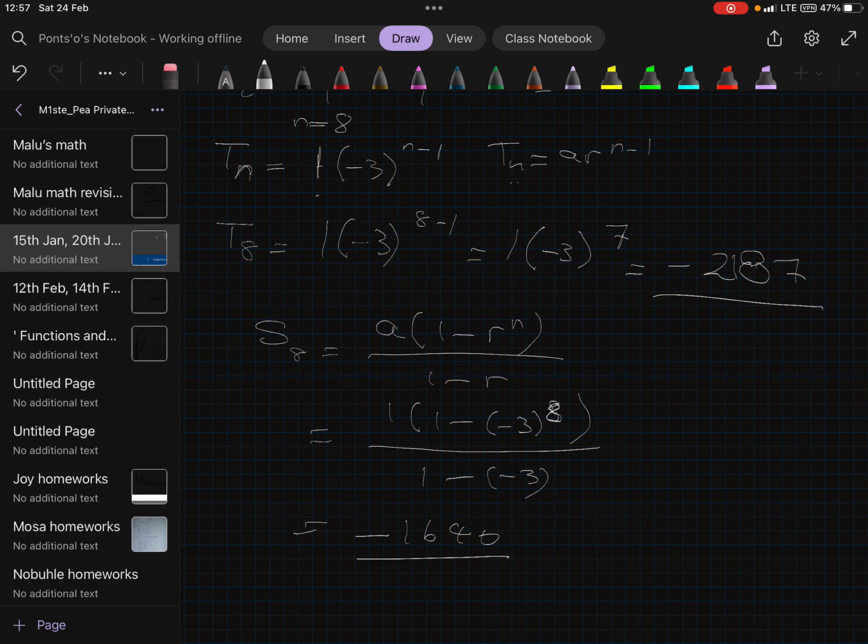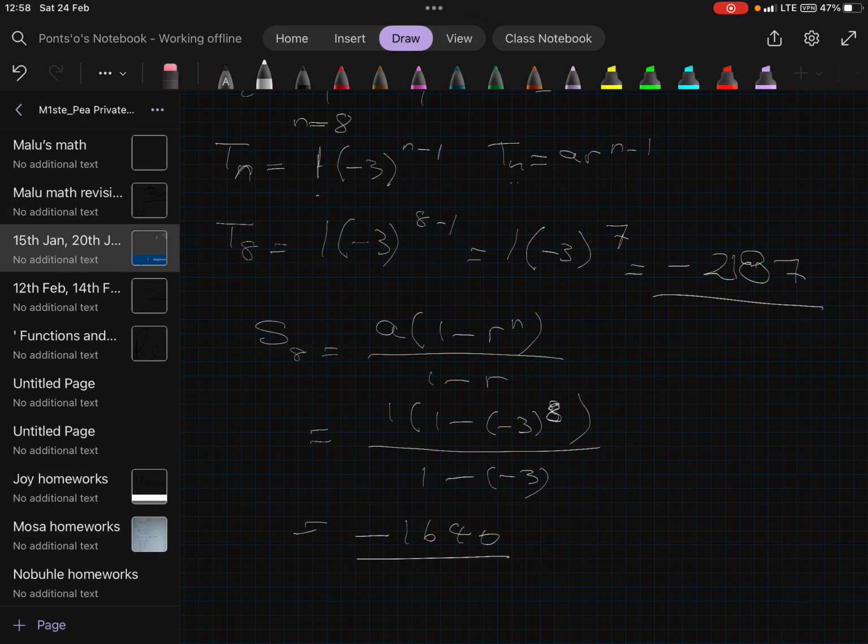So we're gonna substitute: 1 minus -3 is 4. So at the bottom the denominator is 4, definitely. At the top you get -3 to the power 8, minus that plus 1 and then times 1.